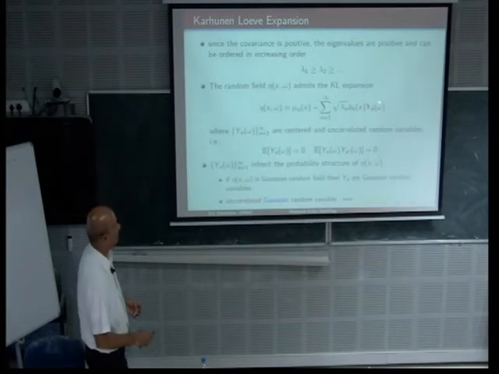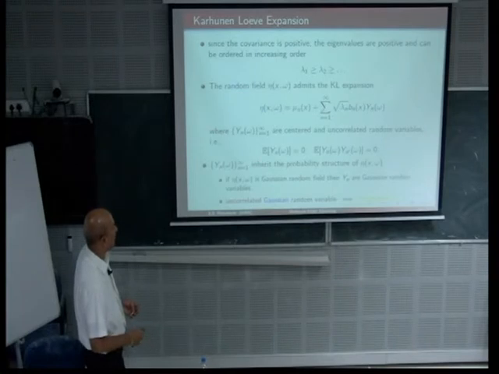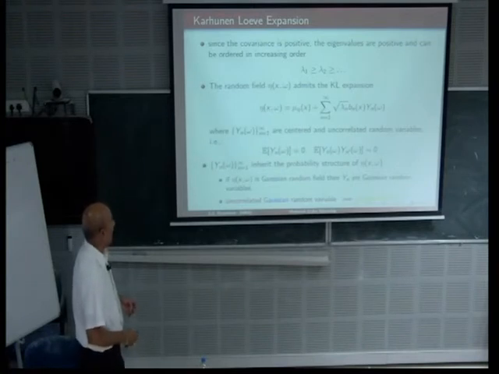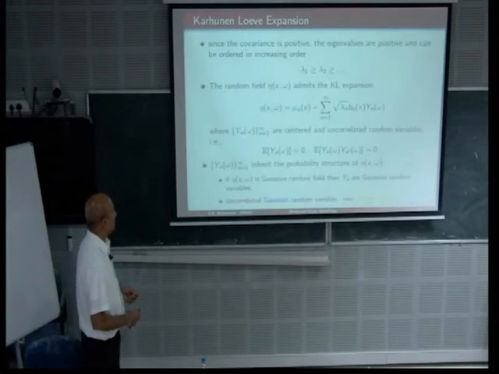Y_n is given by this KL expansion. What are Y_n? The Y_n are centered uncorrelated random variables. And one of the properties of this is, by the KL expansion theory, they inherit the probability structure of eta, the random field. So if the random field is Gaussian, then this is also Gaussian.